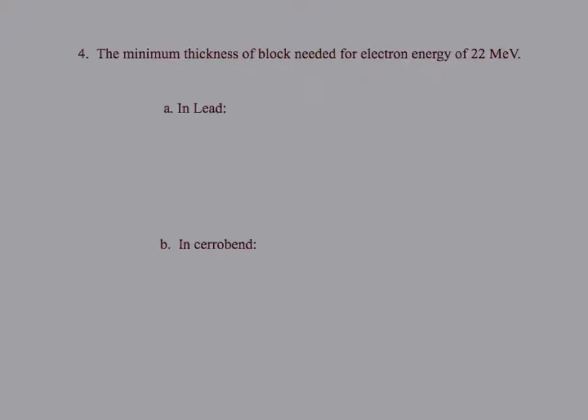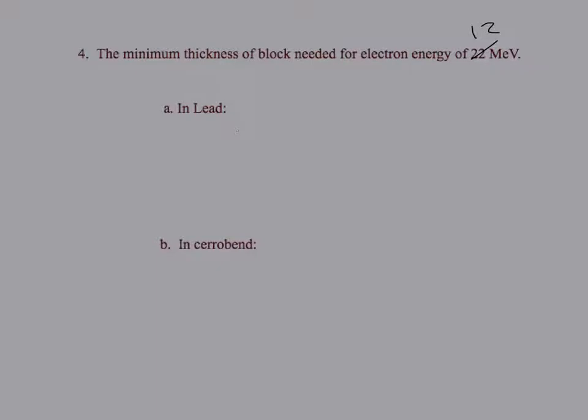Number 4, the minimum thickness of block needed for an electron energy of 22 MeV. Rule of thumb, if you want to find it for lead, divide the energy by 2. Oh, and I have 22 MV, and I apologize. This should actually say 12 MeV.